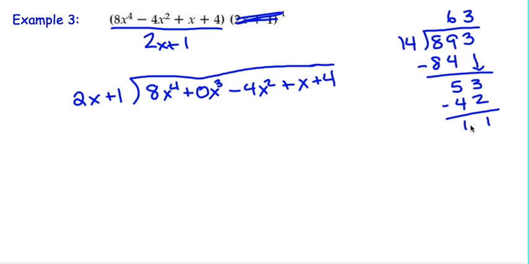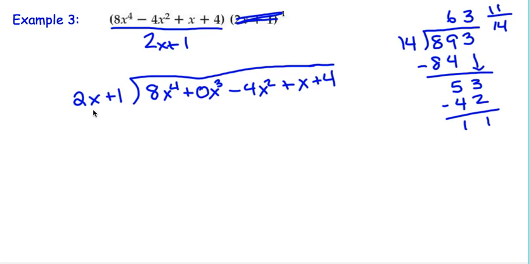Well, 11 is smaller than 14. So what we found out when we were in elementary school is that you take 63, and to get the fractional part, you're going to take 11 over 14. And so this answer would be 63 and 11/14. So we may have to use that as we're solving this longer polynomial.